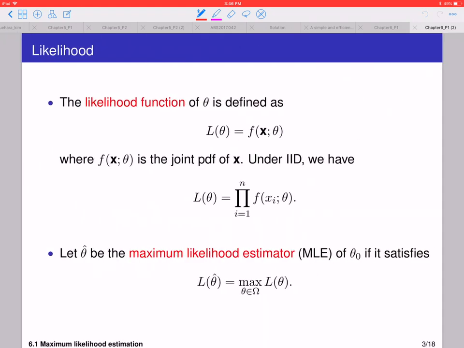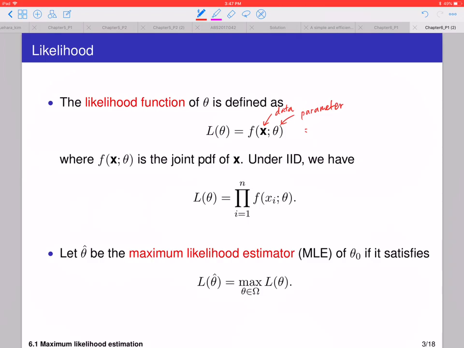So under that setup, we can develop the likelihood function. The likelihood function is nothing but the joint density. But the joint density is a function of x, which is the data, and this is a parameter.